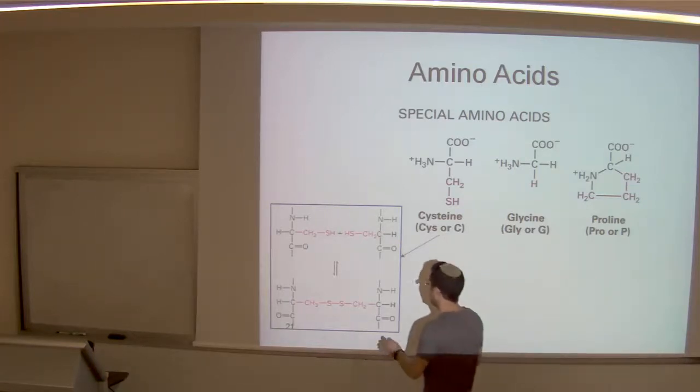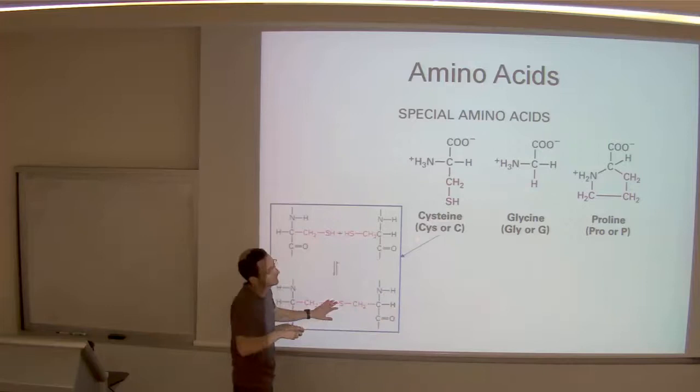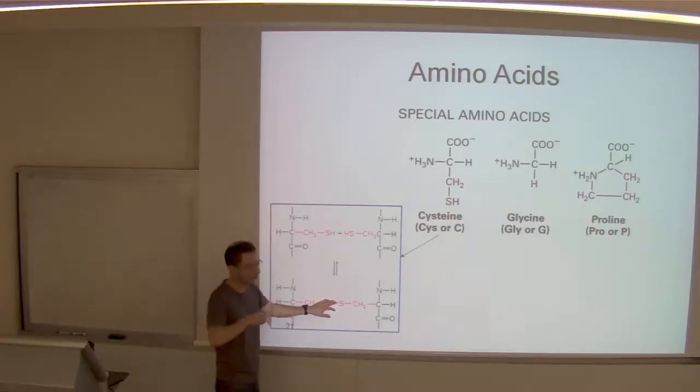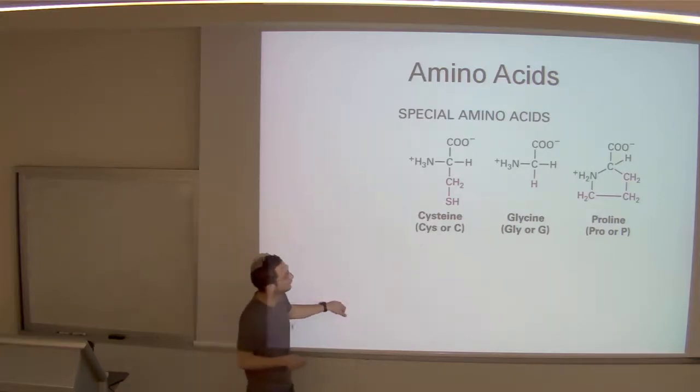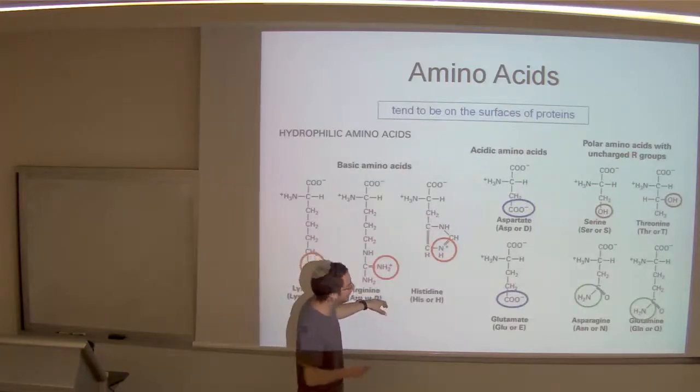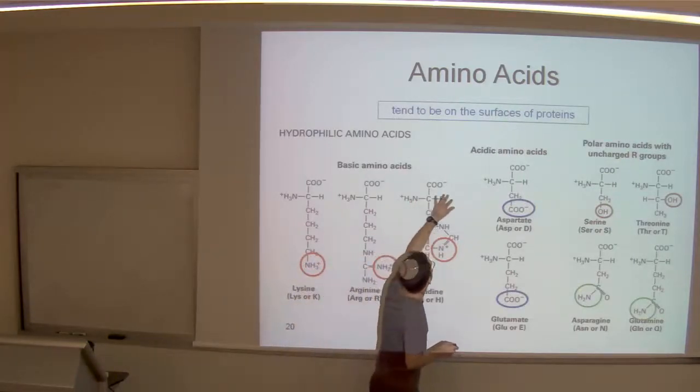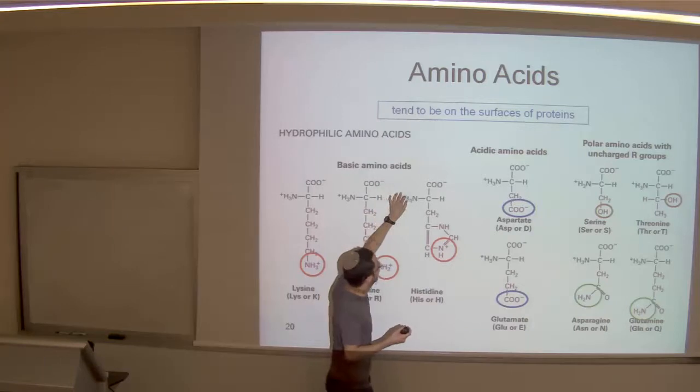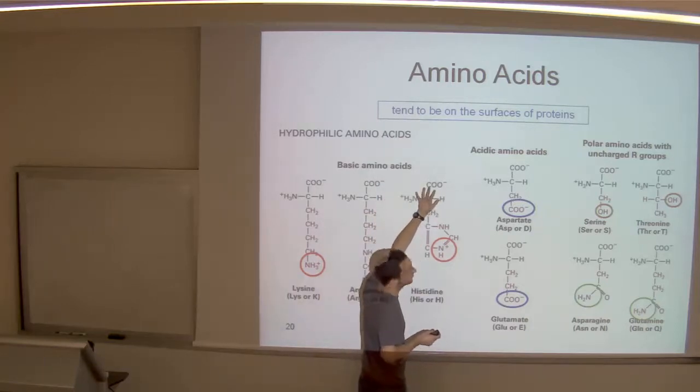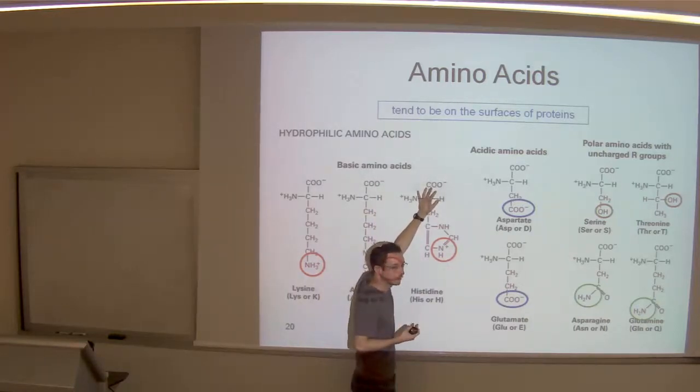The special thing is that this cysteine can form a covalent bond. This is not true for the rest of the amino acids. You cannot obtain a covalent bond with the other amino acids in the residual groups, no. They are covalently linked to the backbone of the polypeptide, to the backbone region.